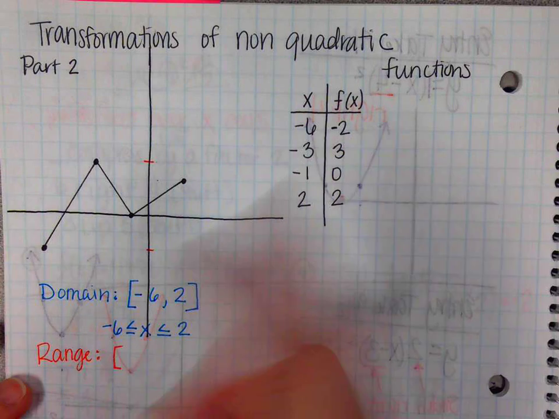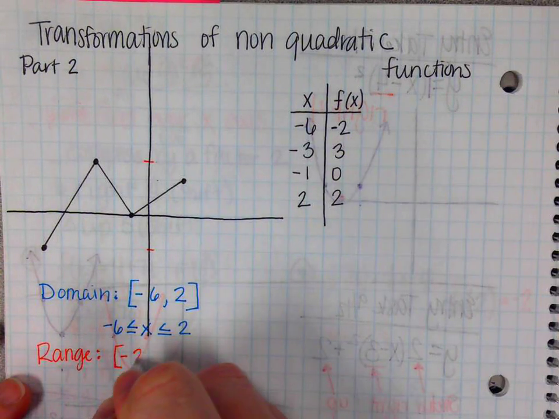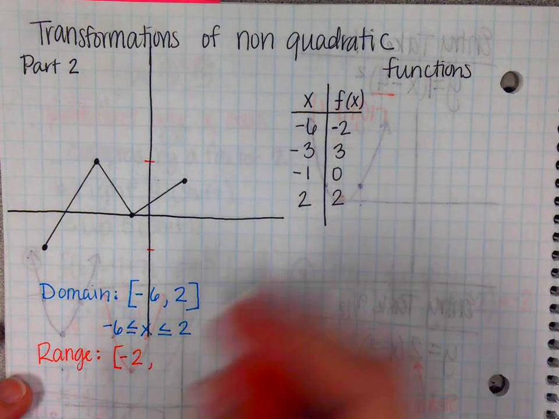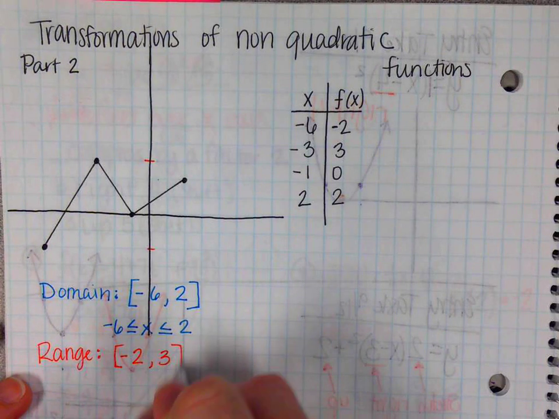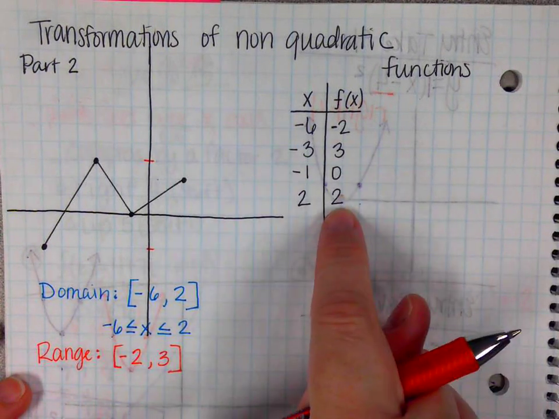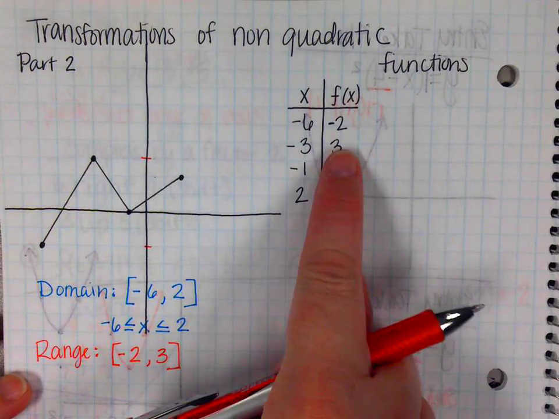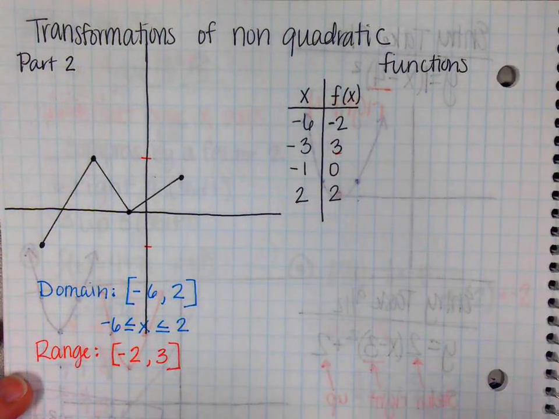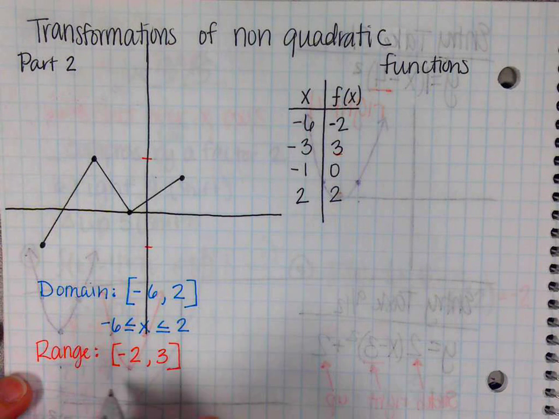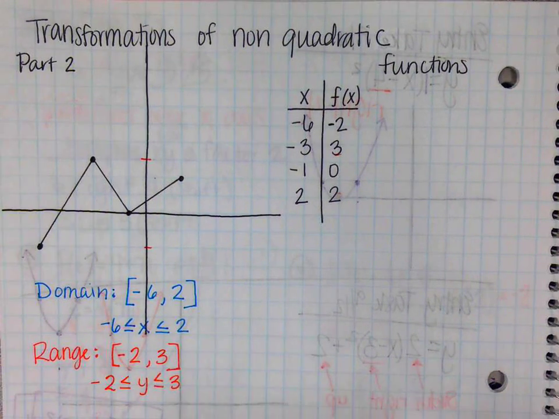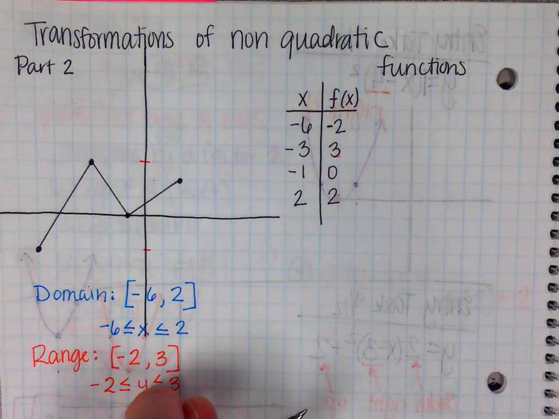So the lowest value is -2 and the highest value is 3. Notice the highest value is not the last point. That's the highest value, so it actually has to be that number. You could also write it as an inequality: -2 is less than or equal to y, which is less than or equal to 3. Okay, so that's the domain and range of the original.